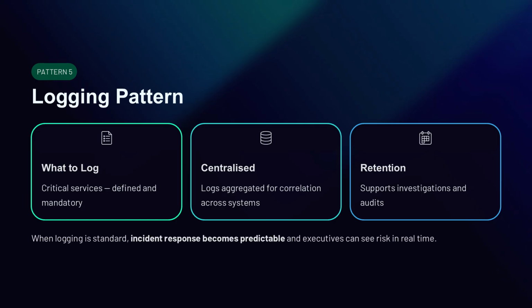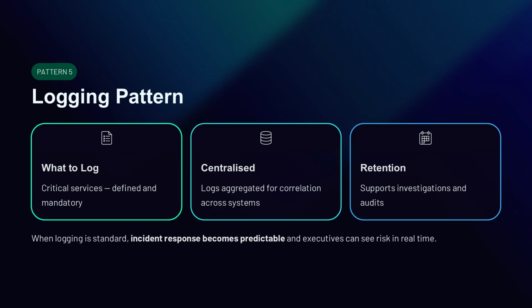With connectivity patterns set, you now standardize logging because visibility determines how quickly you detect issues and how confidently you can explain what happened. A logging pattern defines what must be logged for critical services, how logs are centralized, how retention supports investigations and audits, and how logs support both security and operational use cases.